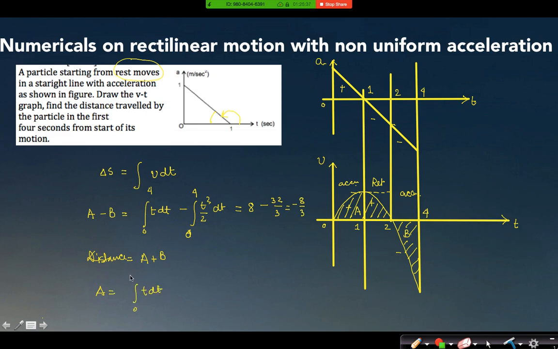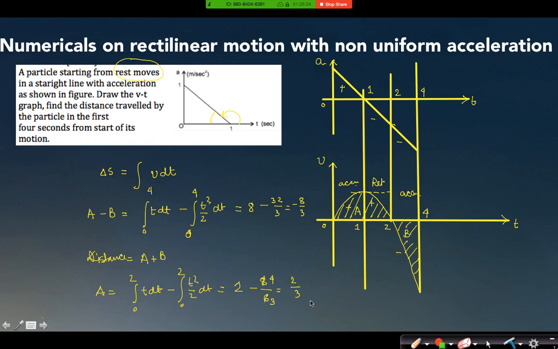The integral of t dt from 0 to 2 minus the integral of t square by 2 dt from 0 to 2. Can you calculate this one? It is 2 by 3.